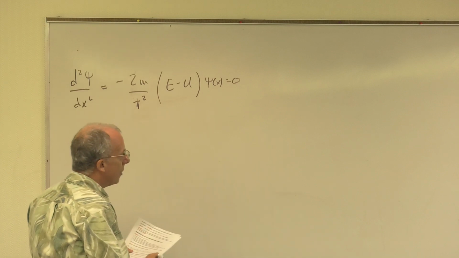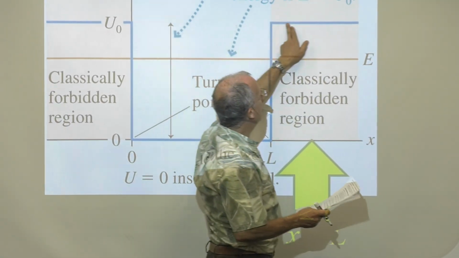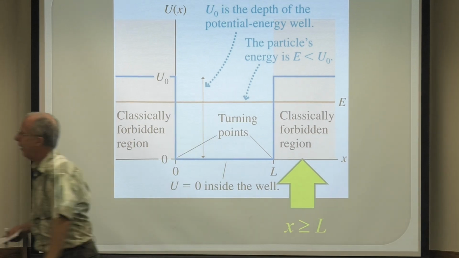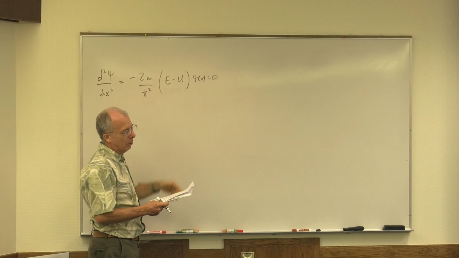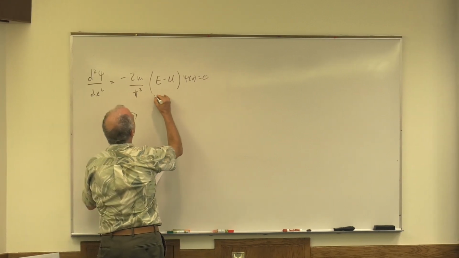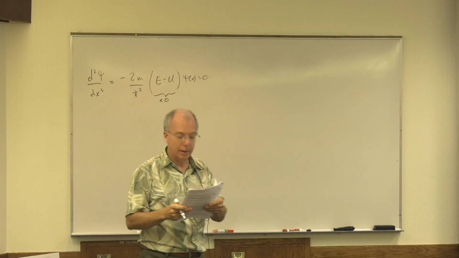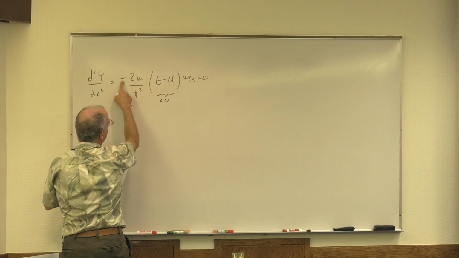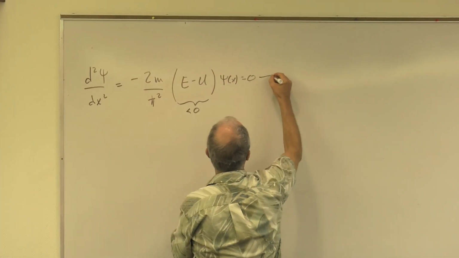Okay, now notice over here, U is bigger than E, right? So if U is bigger than E, what's the sign of E minus U? It's negative, which is impossible classically, but who cares about that? We're doing quantum mechanics, right? So this is less than 0. But we have a minus sign here and a minus sign here, so let's get rid of all those minus signs.